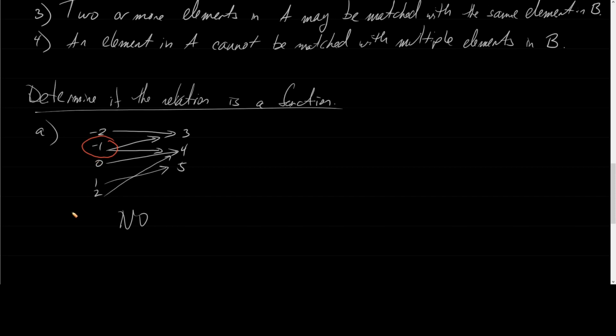All right. That's how that fails to be a function. Because we have one element in our domain going to two different elements in our codomain. Notice in this case our codomain is also the range because the entire set is being used.